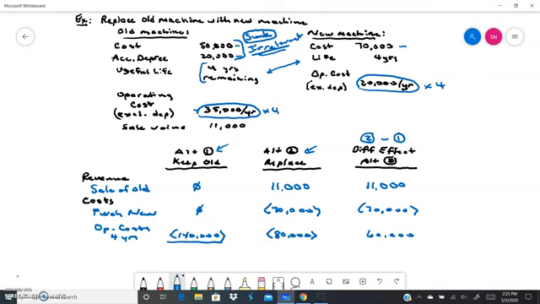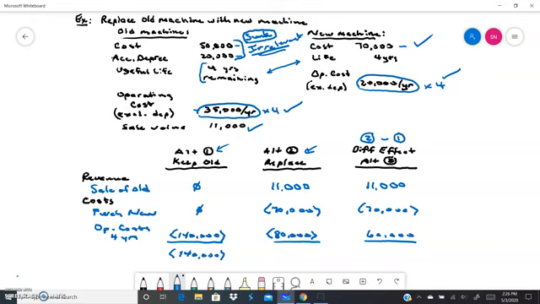So if we just add these up, and again, the other amounts, that encompasses everything. We've taken the operating costs into effect, the sale value, and the purchase price. The cost and accumulated depreciation under the old equipment are irrelevant. So here we have 140 negative, keeping the old machine.